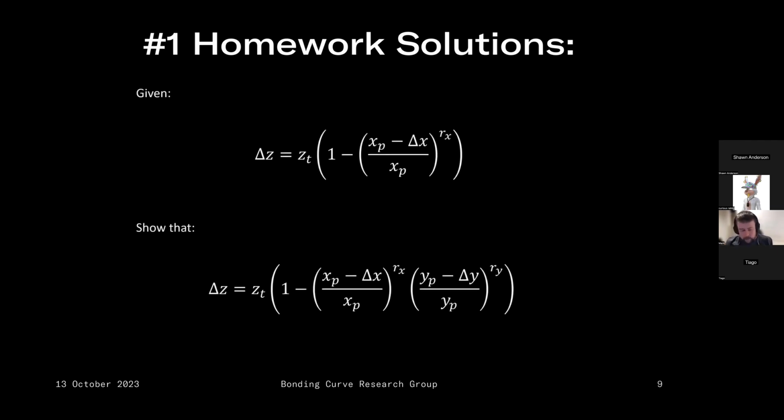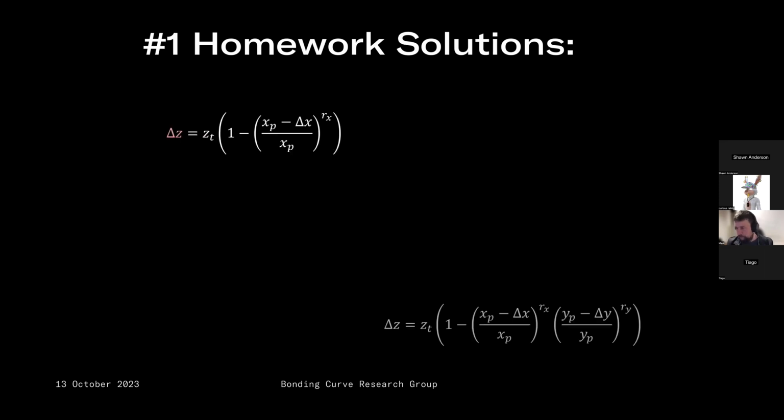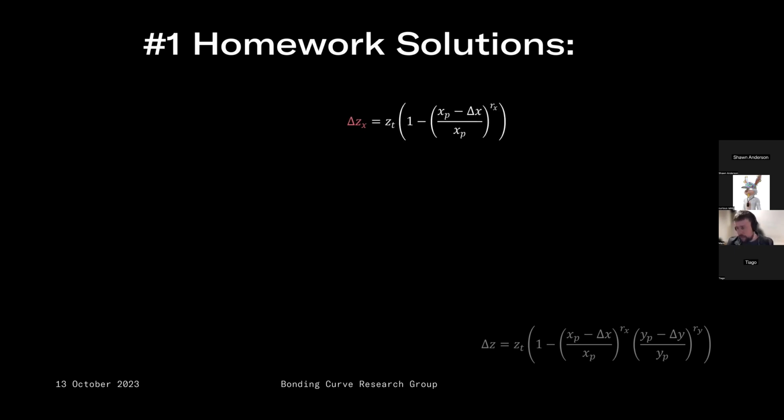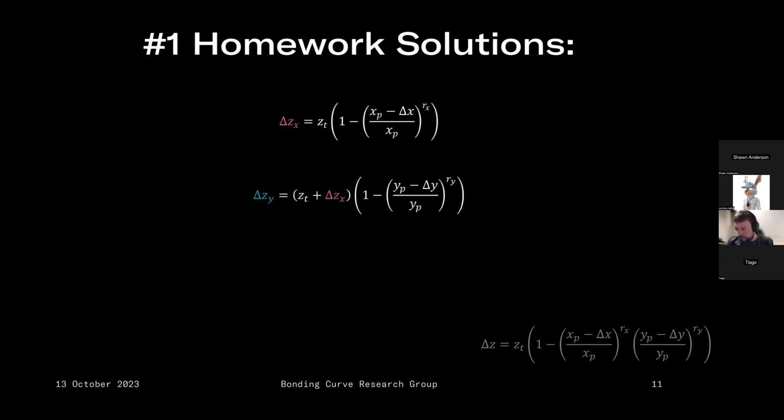Another one of the questions was, instead of providing liquidity, to look at the case where we're removing liquidity. It's basically exactly the same method. We start by redenoting delta Z here, first with sub X, and then creating the next one sub Y, and noting that there is a change here: this should actually be a negative.